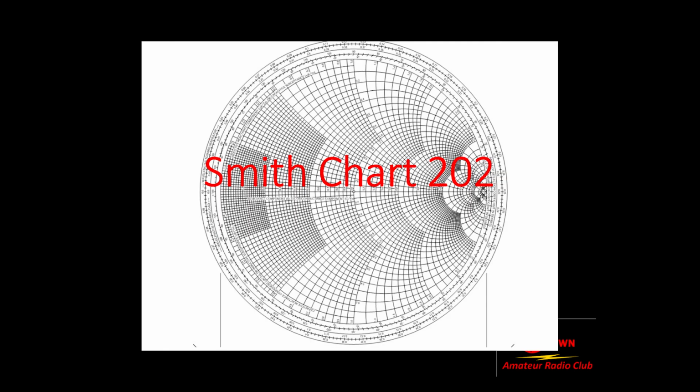All right. What I wanted to do was show you some more slides that were from a Smith chart software program called Transmission Line Details, and I just wanted to show a few things on them.